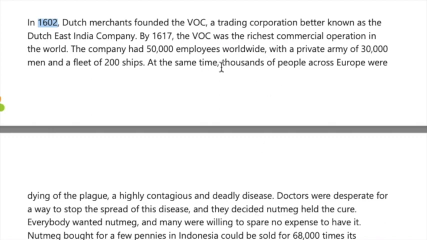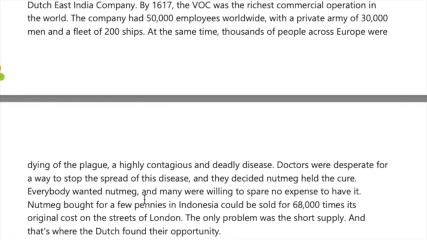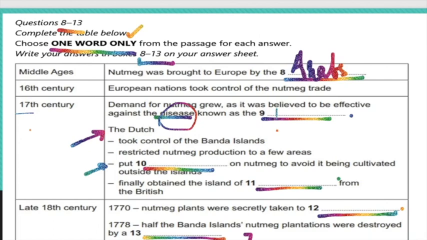At the same time, thousands of people across Europe were dying of plague, and plague we know is a disease. We just have to see whether it is nutmeg that is responsible for curing. Highly contagious, deadly. Doctors were desperate for a way to stop this. Yes, that's plague. So the answer to it is plague.